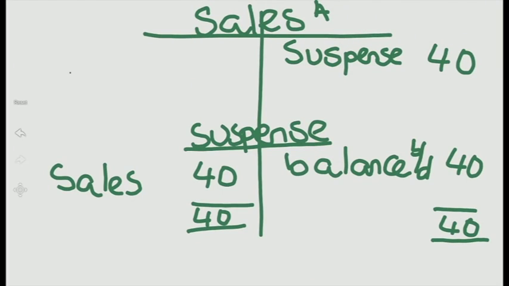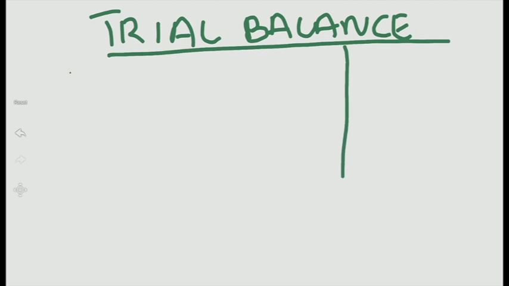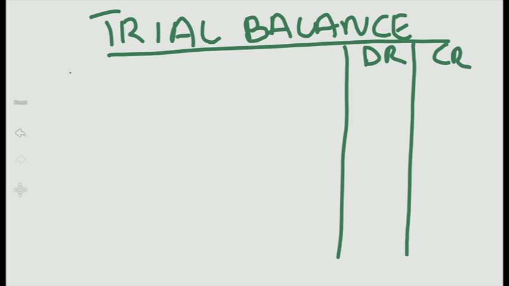Instead of going to the trial balance and repeating suspense account, remember the trial balance is prepared using what? The ledger balances. The suspense account now does not have any balance carried down or brought down. So what will have a balance brought down? It is the sales account. So our trial balance will have debit and credit.